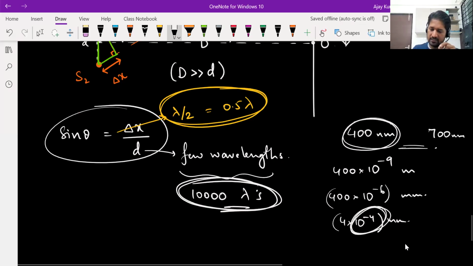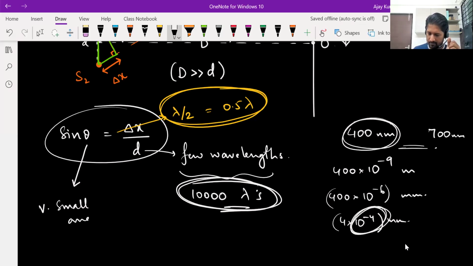If delta x by d is a very small number like this, about 1 by 10,000, that means the angles at which you should expect to see these bright and dark bands should also be very small angles. Only then will the sine value be so small. And for a very small angle, the sine of the angle is equal to the angle itself.